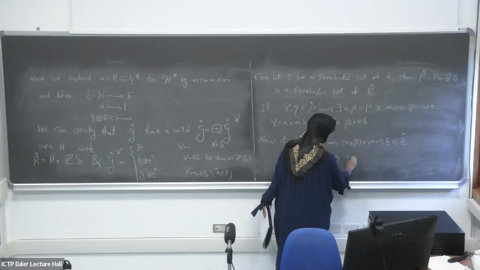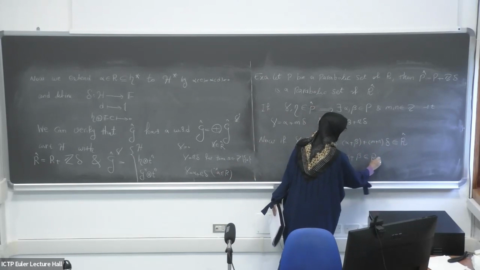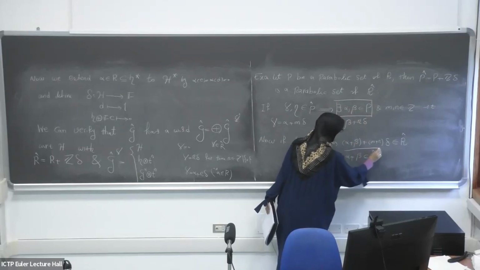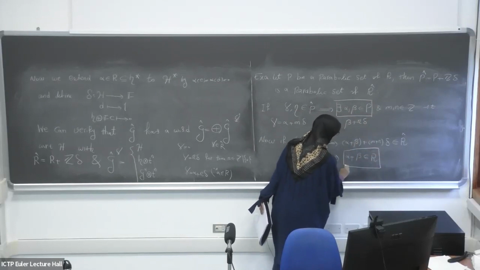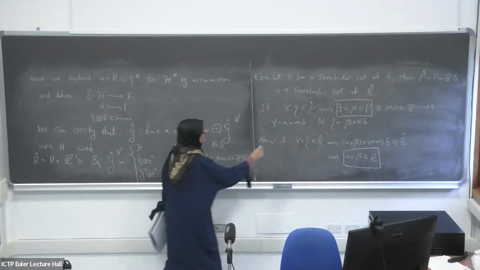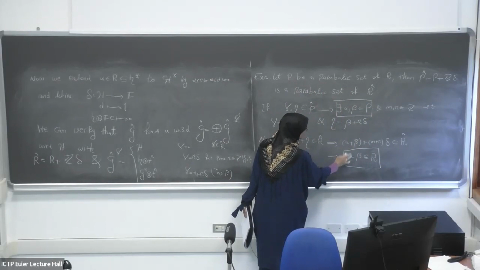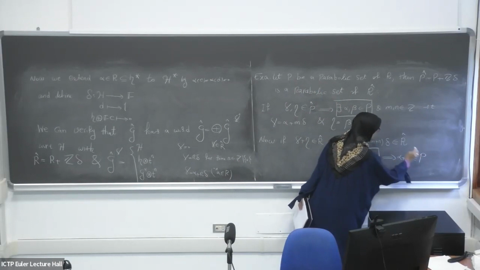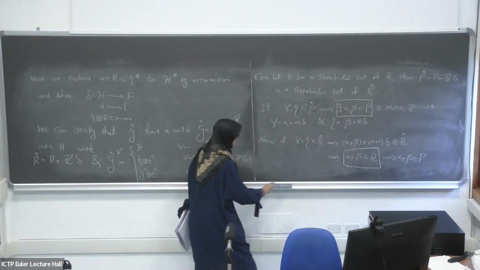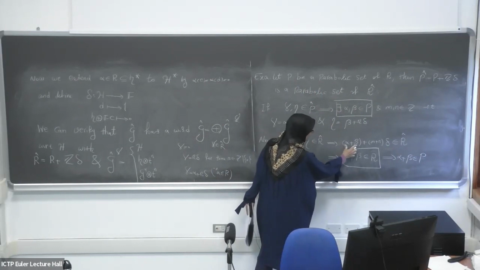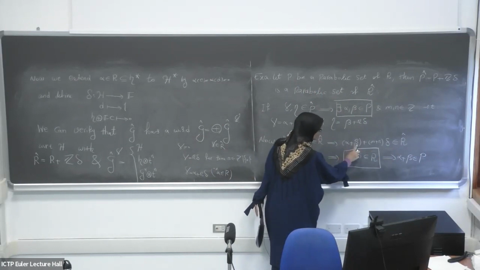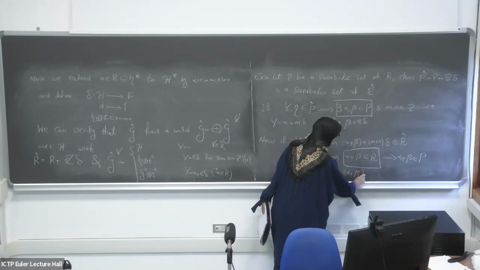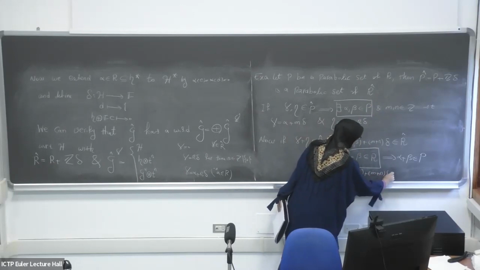Then we get alpha plus beta is an element of R. So we have two elements of P, and the summation is an element of R. But we suppose that P is a parabolic set, so this implies that alpha plus beta is an element of P. So when alpha plus beta is an element of P, alpha plus beta plus (m plus n) delta, by definition, is an element of P hat.